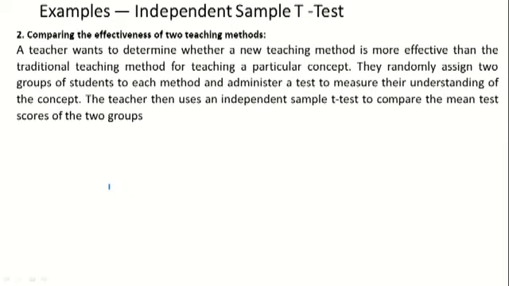A teacher has a new teaching method, and wants to know if this new method is more effective than the traditional one. Then he will assign two groups of students to each method, and administer a test to measure their understanding of the concept.